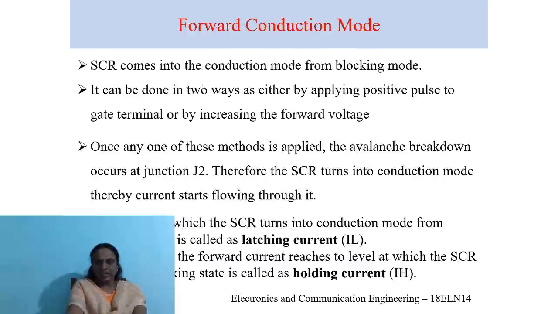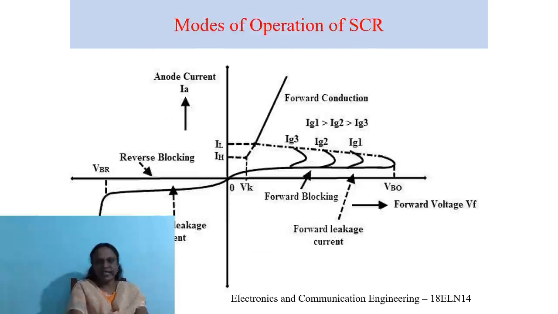Next, coming to the forward conduction mode. Now we'll see with respect to the diagram here. In the forward conduction mode, in this mode, SCR, the other name for SCR is also thyristor.